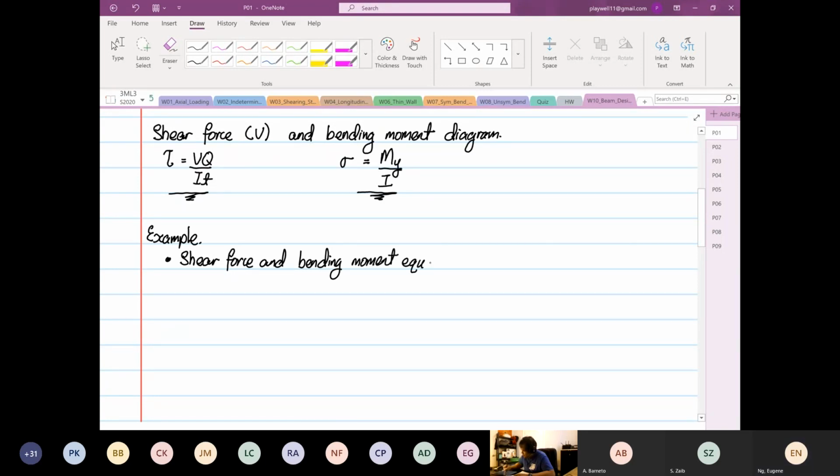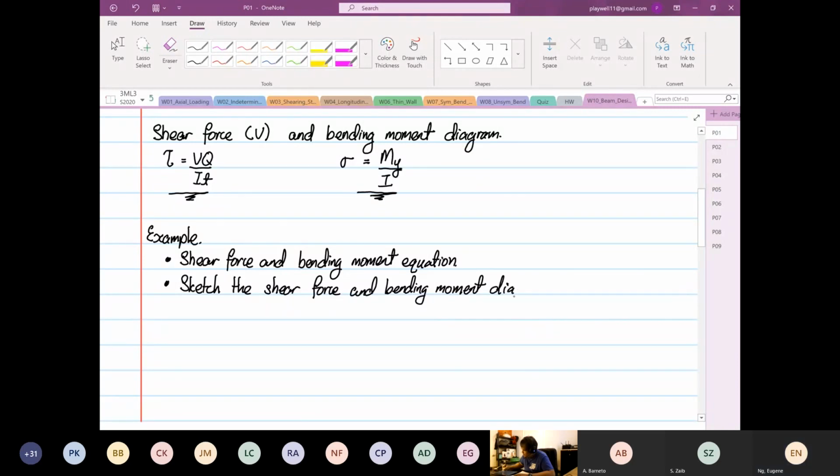And then we are going to sketch the, again, shear force and bending moment diagram.